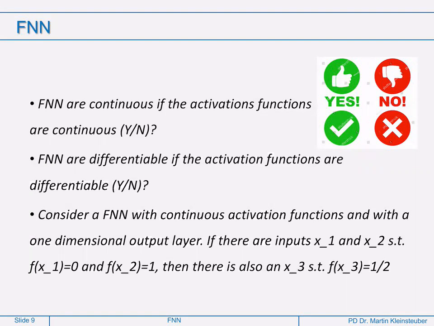Consider a feedforward neural network with continuous activation functions and with a one-dimensional output layer. If we have an input x1 and an input x2, such that one input leads to 0 as an output and the other leads to 1 as an output, then there exists an input x3 such that the output is 1/2.